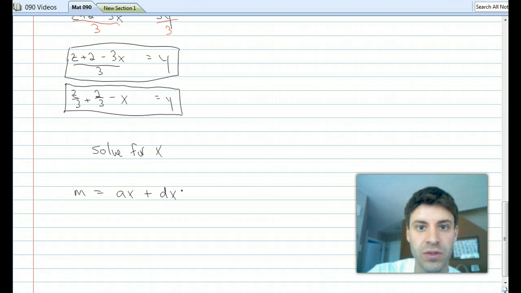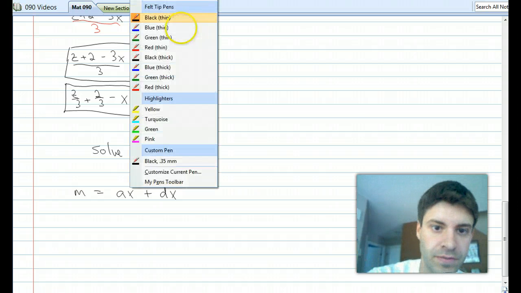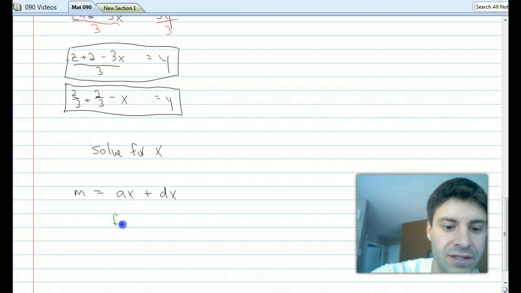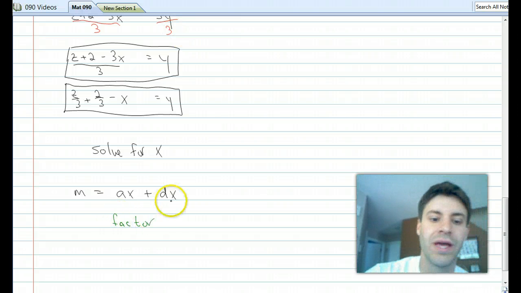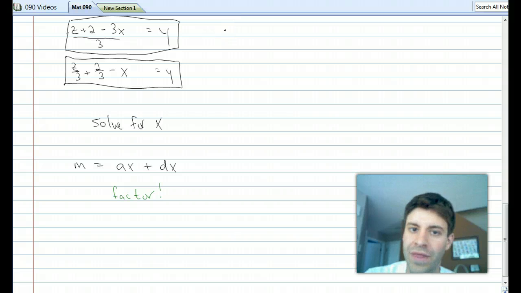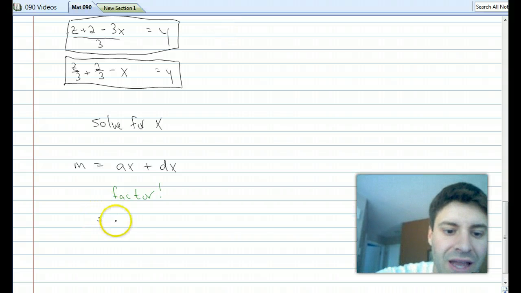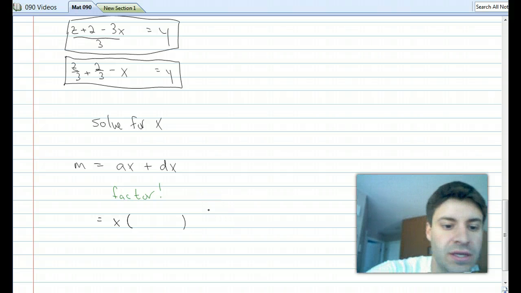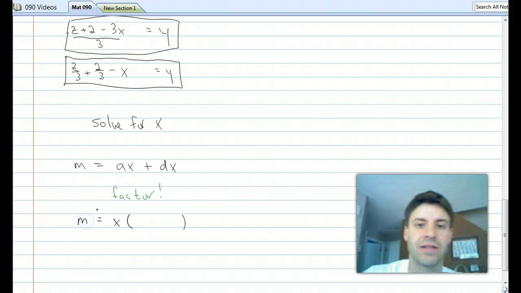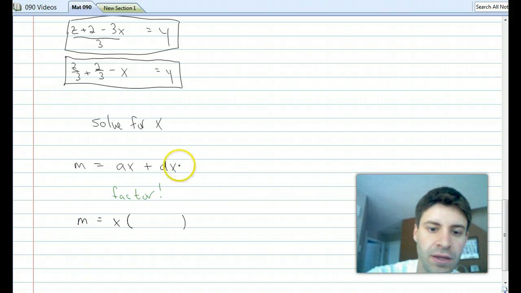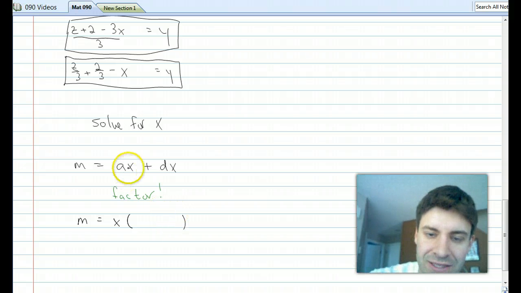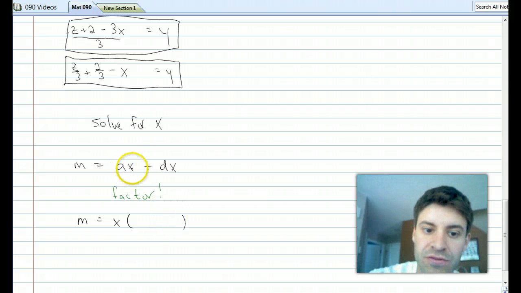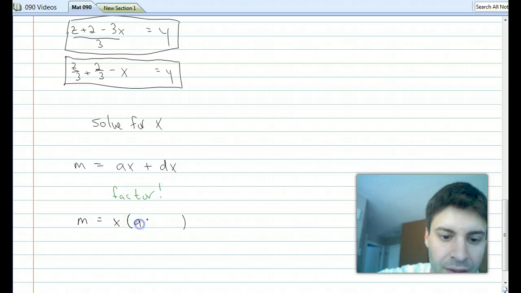So what we have to do is factor. In this case, to get x by itself, we have to factor. What that means is we're actually going to take an x out. We're going to factor an x out of each one of those two terms on the right side of the equation, and we're going to leave the left exactly the way it is. We're just rewriting the right side of this equation. So if you take an x out of this ax term, what you're left with is just an a.